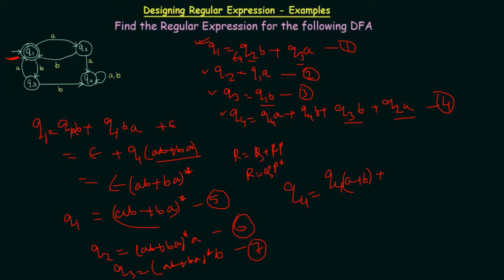So q2a is going to be a into (ab plus ba) star a, plus q3b.